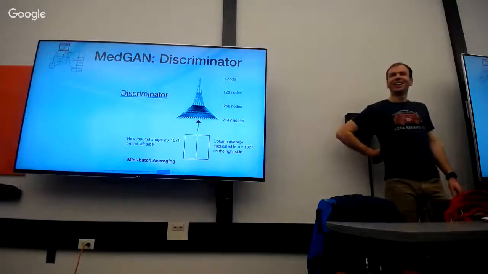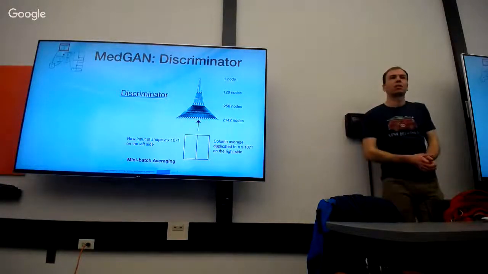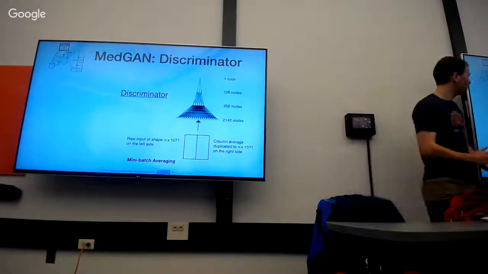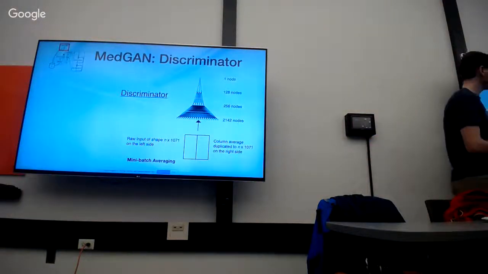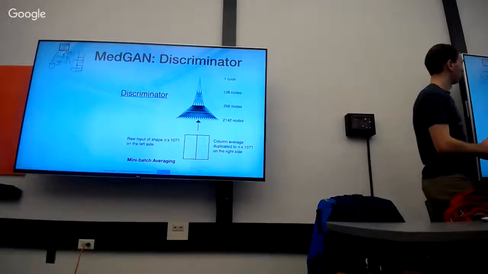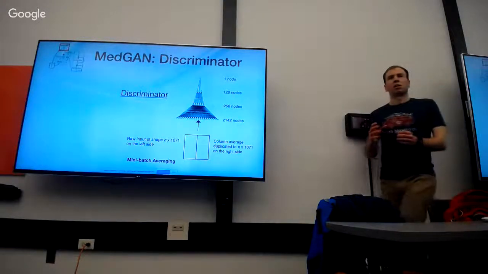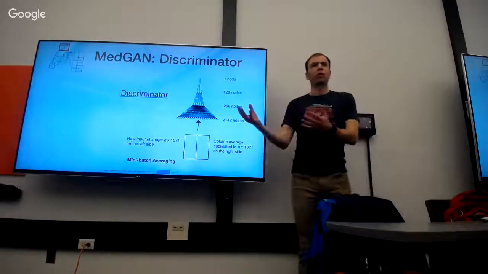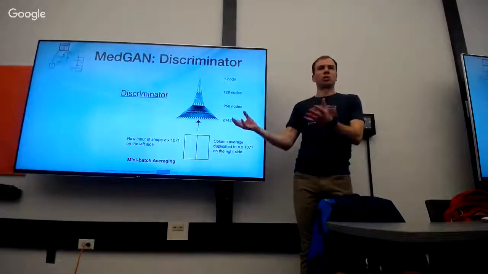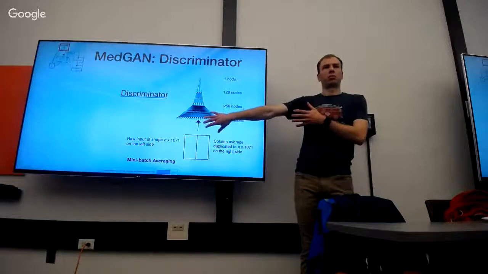Can you explain why that duplication with the row average accomplishes those two goals you were talking about, preserving the sparsity and not just learning, memorizing rows? Yeah, so the way it preserves the sparsity is that ideally you want to fool the discriminator, so you want to pass in something very similar from the generator.